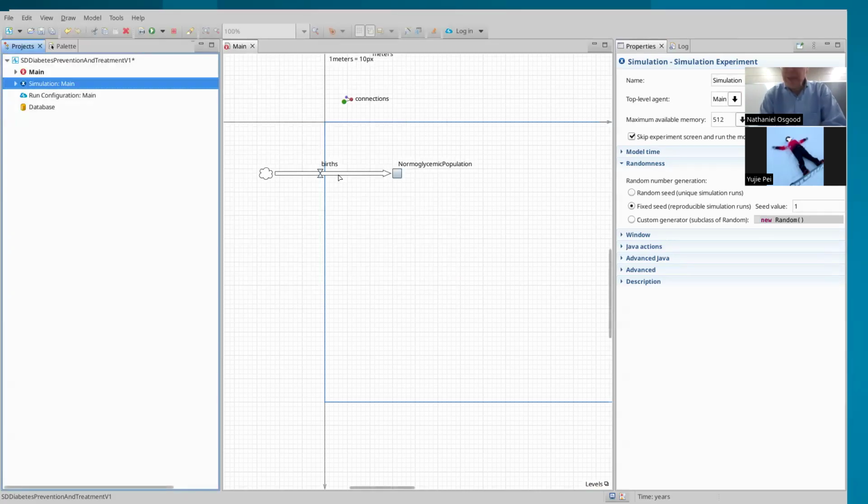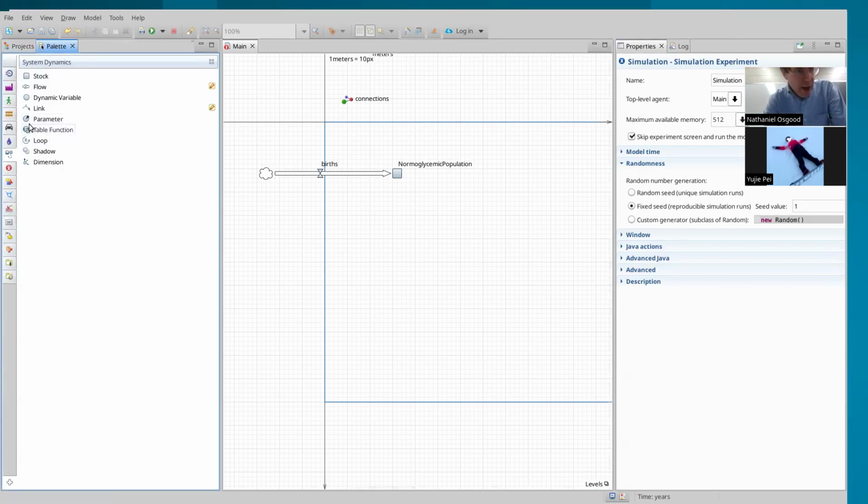So let's do something a little bit different. Let's put in an outflow, and we're going to have the outflow depend on the state of the system. I'm going to go to the palette here and drag in a flow. And this flow is going to be, as sometimes happens, a somewhat truculent flow.